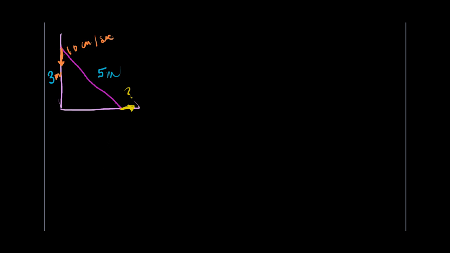So we can use calculus, but for this problem I'm going to use both. So this is calculus, and that is my first part, and this is the normal method.